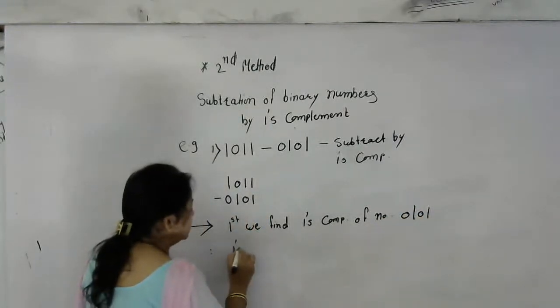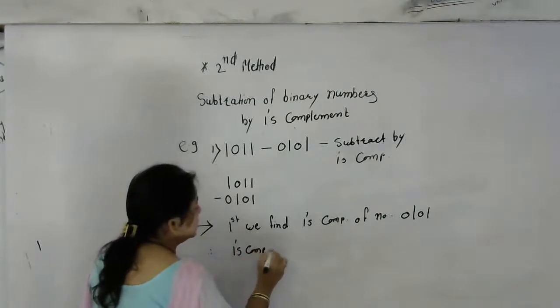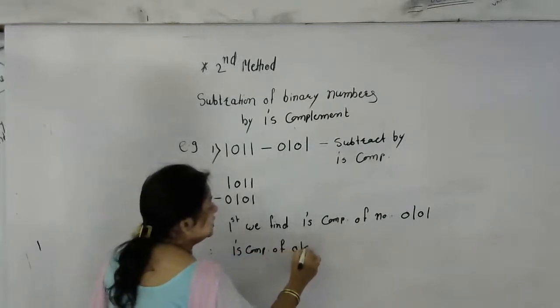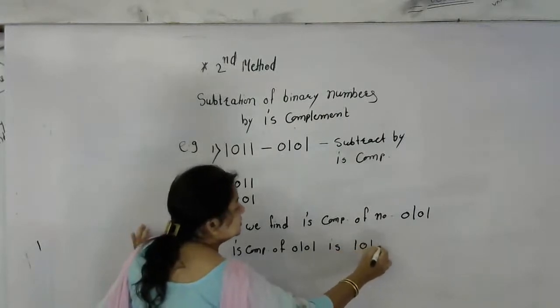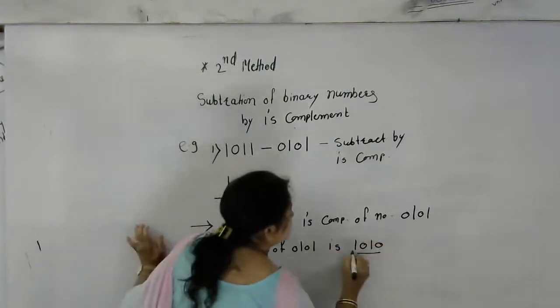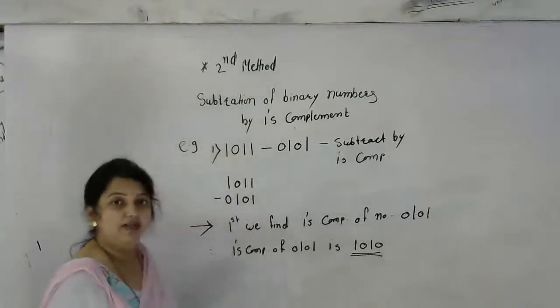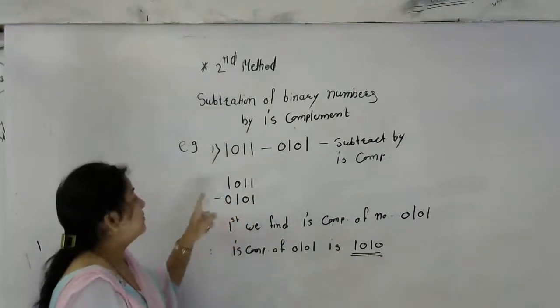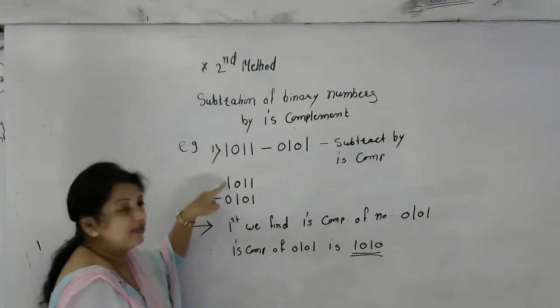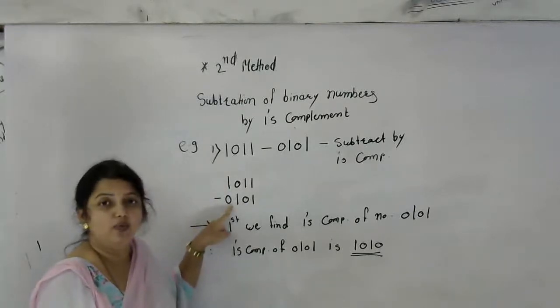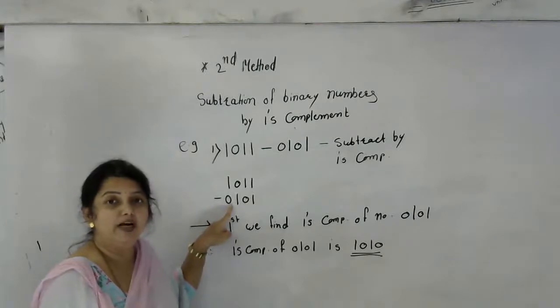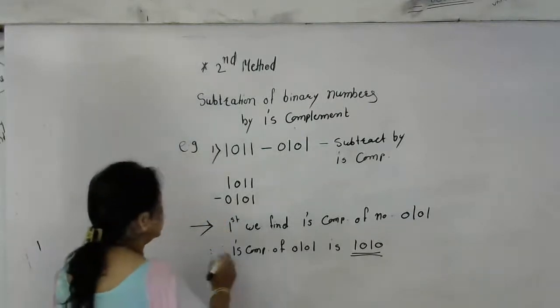Therefore, the 1's complement of 0101 is 1010. Don't find the 1's complement of the first number. After the minus sign, whichever number is present, we have to find the 1's complement of that number. So this is the first step.